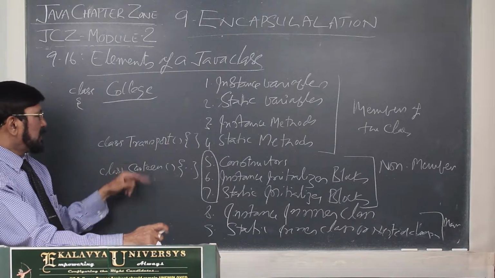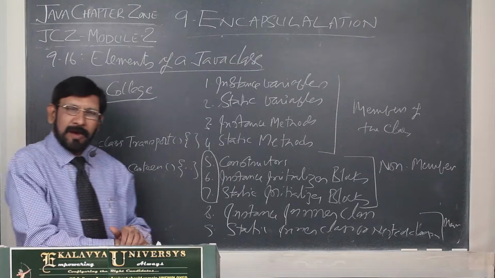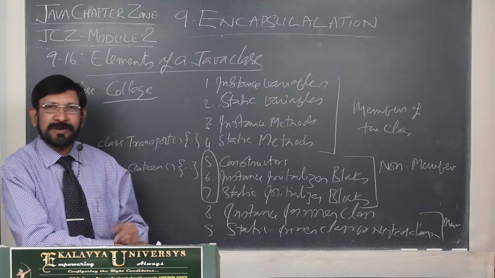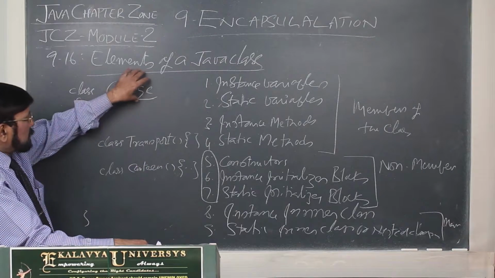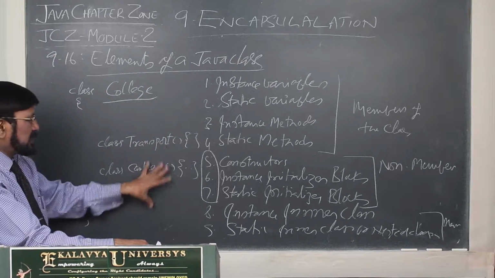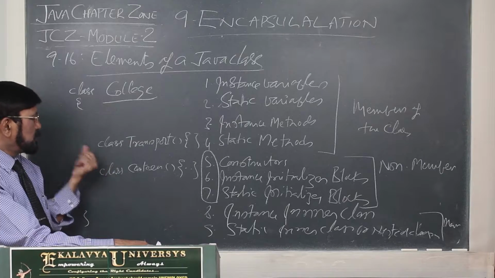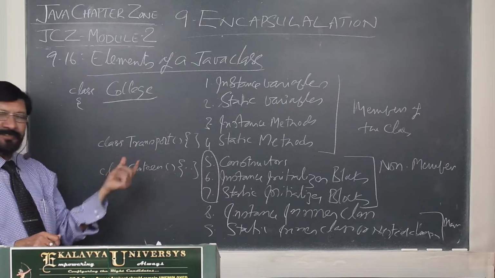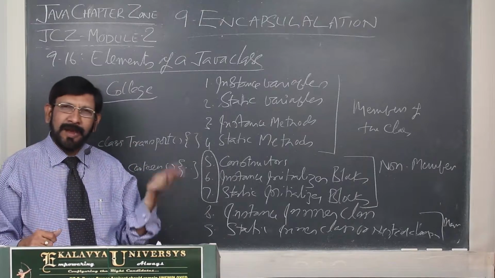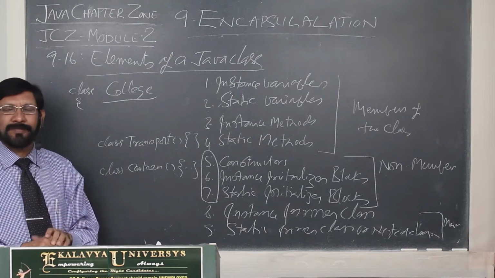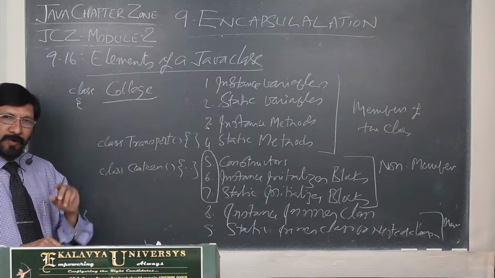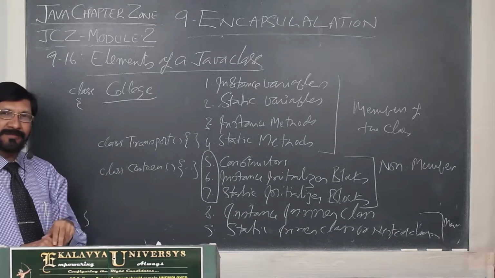These two classes are enjoying double status. This is called the top level class, and these are called inner classes. These are enjoying dual status. What is dual status? By itself it is a class. The other status is that it is a member. So you have to consider it from two angles.